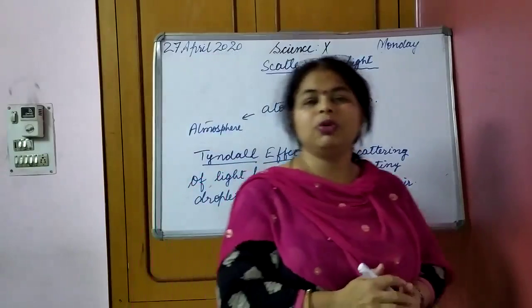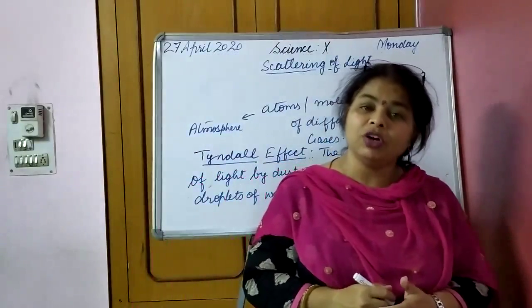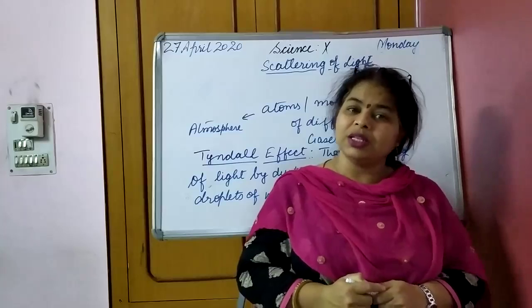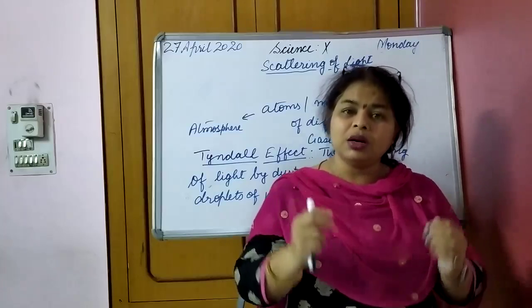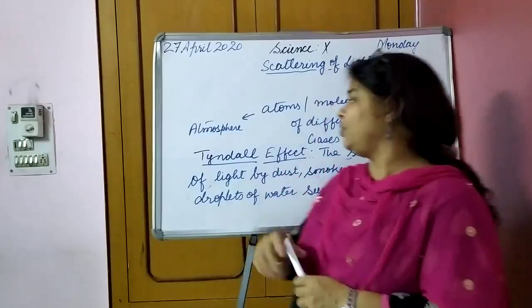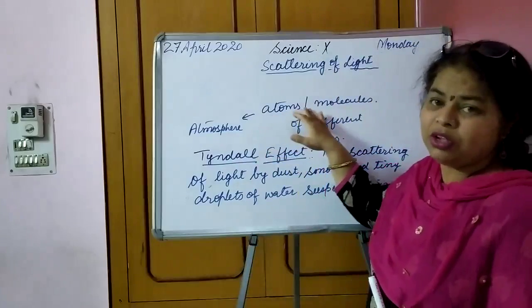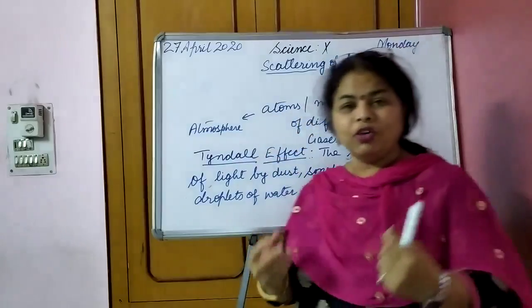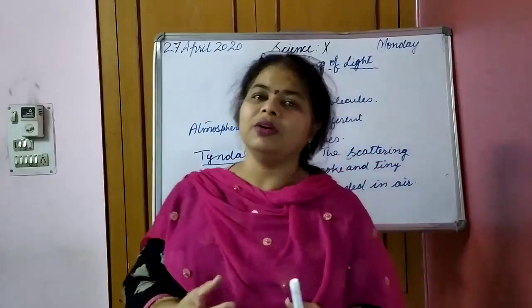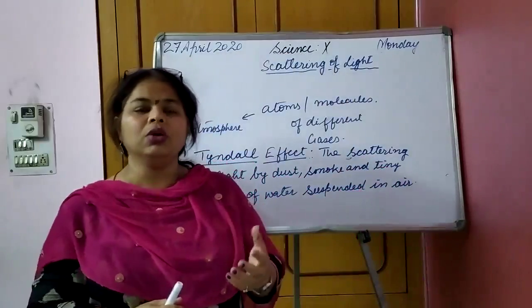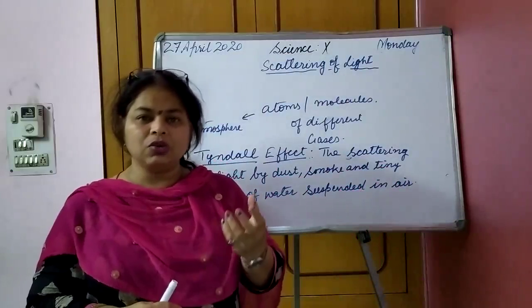Let us talk about it, because we are talking about the scattering of light. So what happens when the sunlight enters the Earth's atmosphere? These various sizes of atoms and molecules, dust particles or water droplets are present in the air. They are of different sizes. So what will they do?